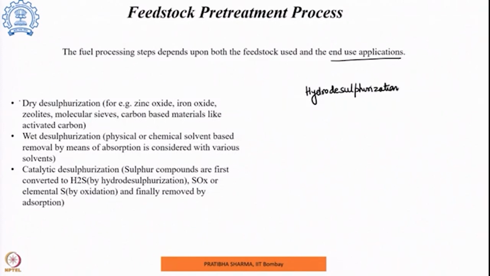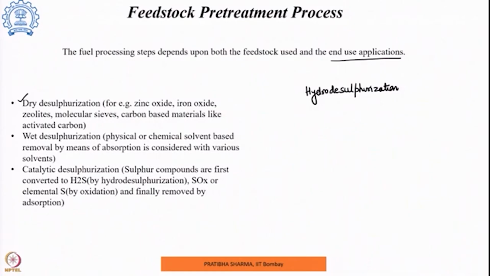it can be either a dry desulfurization wherein the sulfur containing impurities are adsorbed onto solid sorbents. These sorbents could be zinc oxide, iron oxide, zeolites, molecular sieves, or carbon containing materials like activated carbon.